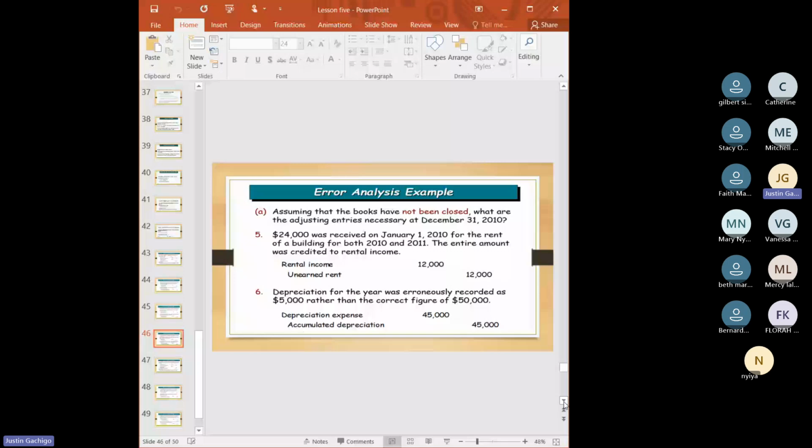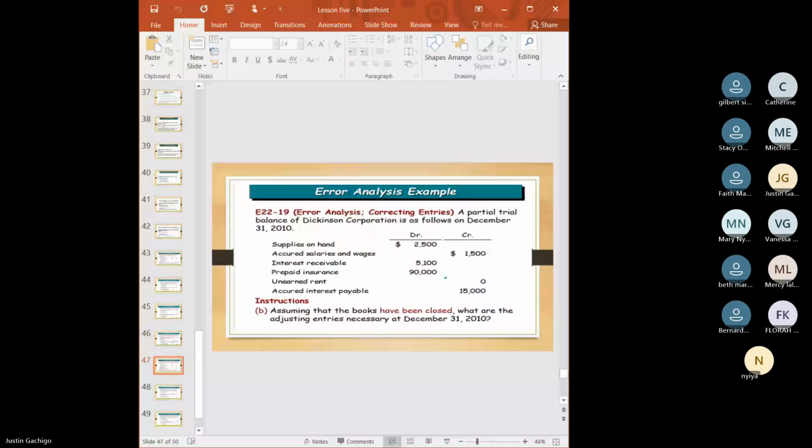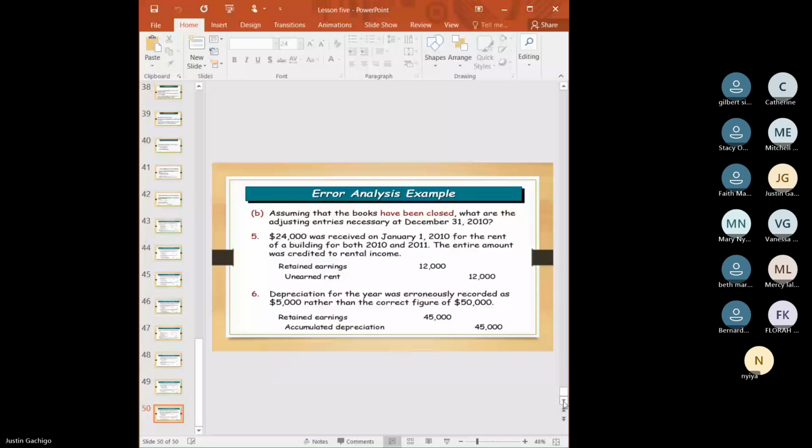Depreciation for the year was erroneously recorded as 55,000 rather than the correct figure of 50,000.